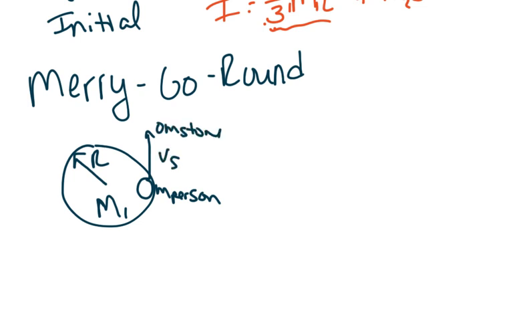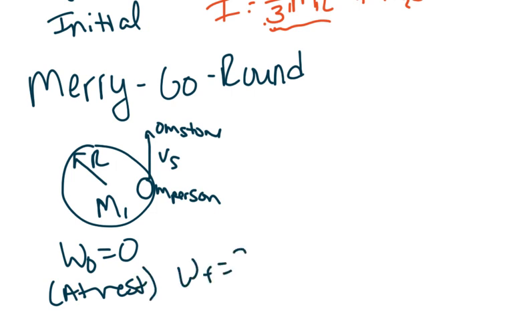And the stone is going to have some sort of velocity. Well, the initial angular velocity is 0, so it's at rest. So after the person throws the stone, what is the angular velocity going to be? Well, this is still a conservation of angular momentum problem. In this example, the angular momentum is equal to 0 initially.